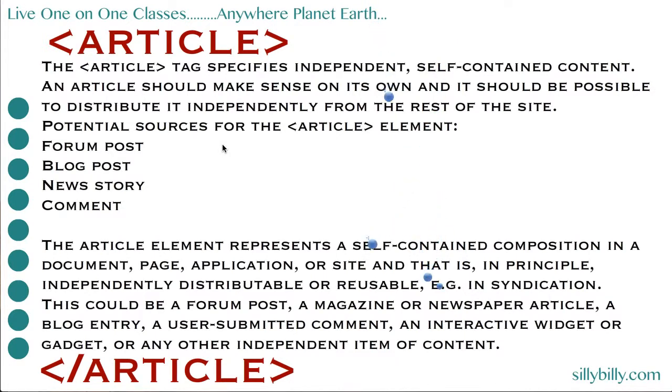Now we go to the article. The article is something that could be published all by itself. You may have this section talking about this, and that. It's all related, but the article, that could be an independent thing.